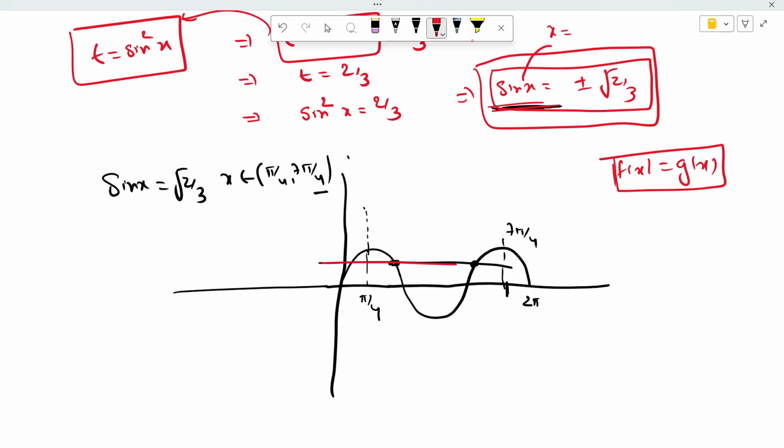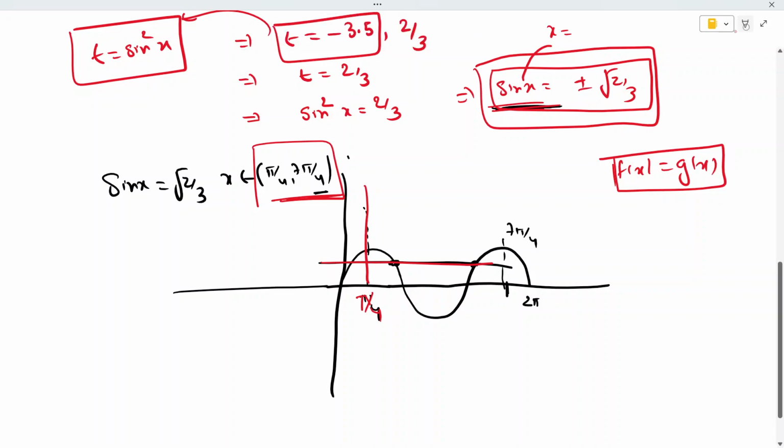We plot the graph only between pi by 4 and 7 pi by 4; we are not interested in the outside part. So when you draw the graph, this is root 2 by 3, and from here we get two solutions.